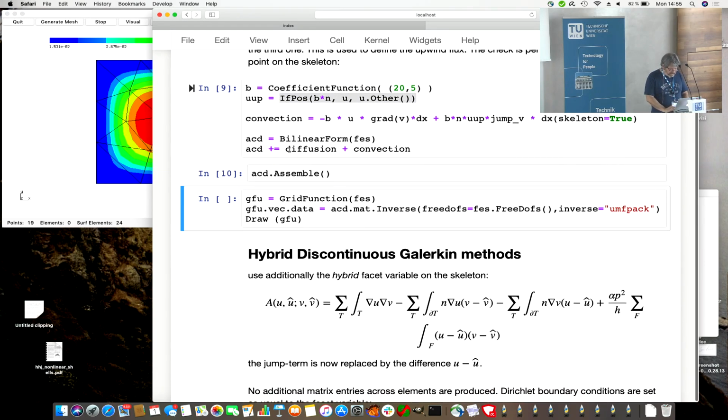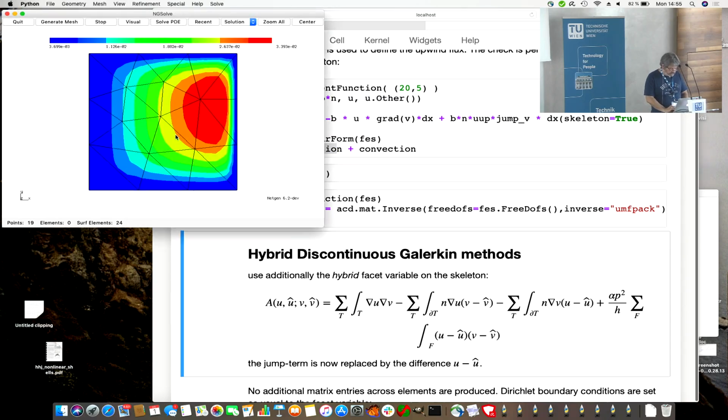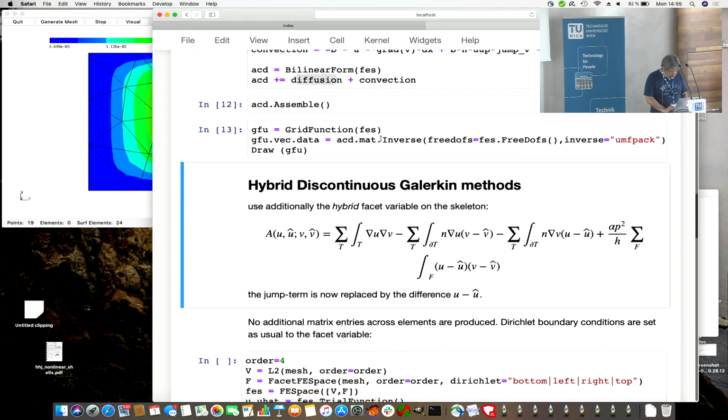Now we already have the diffusion from before, plus additionally the convection terms, and we feed them into the convection diffusion bilinear form. Yeah, and you see the wind going to the right and up, blowing everything.